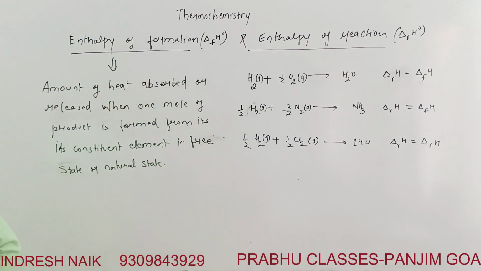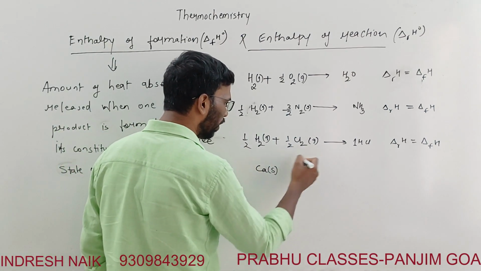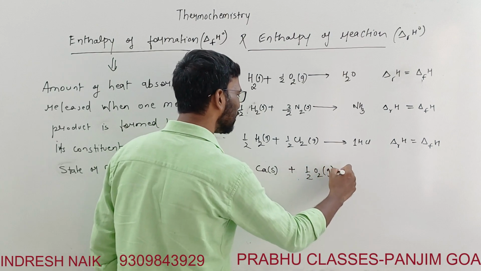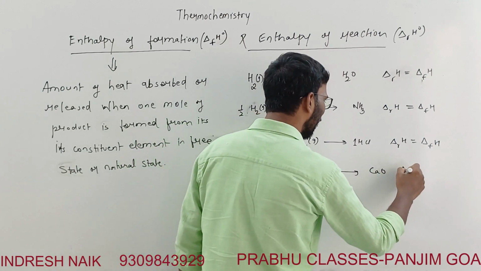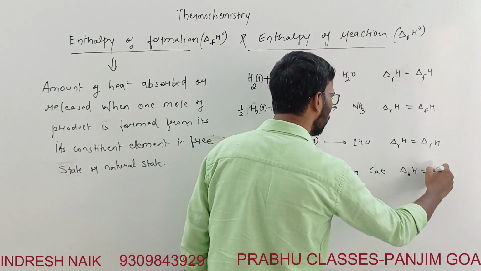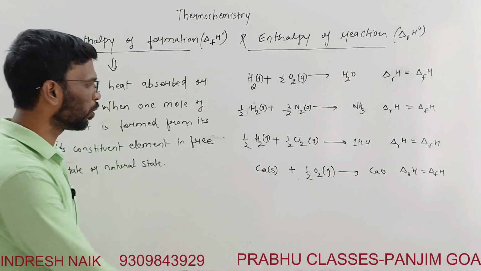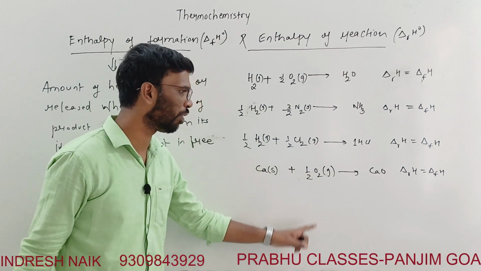We'll take one more example: let's say calcium exists as a solid only and half mole of O2 gas. This is giving you calcium oxide. Here also enthalpy of the reaction is equal to enthalpy of formation, because this is in a standard state, a free state, and this is also in a free state.